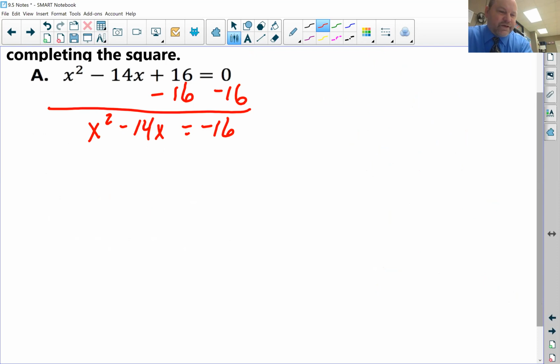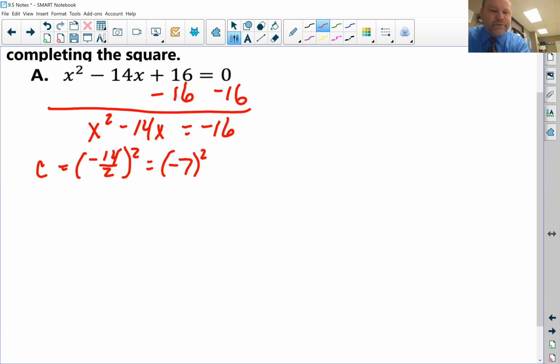We're going to find our value of c. So that's b divided by 2 squared, which would be -7 squared. So I'm going to add 49 to both sides.